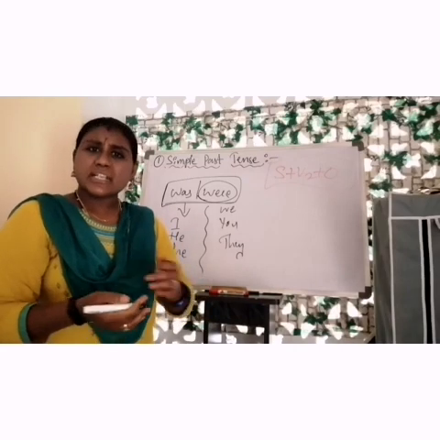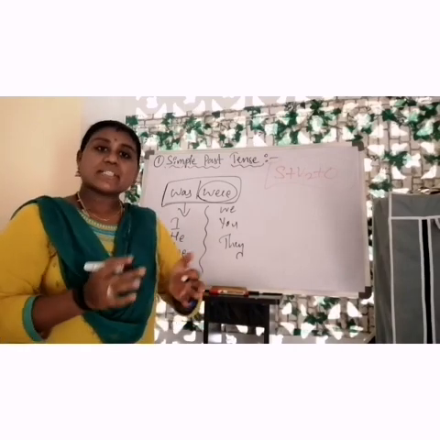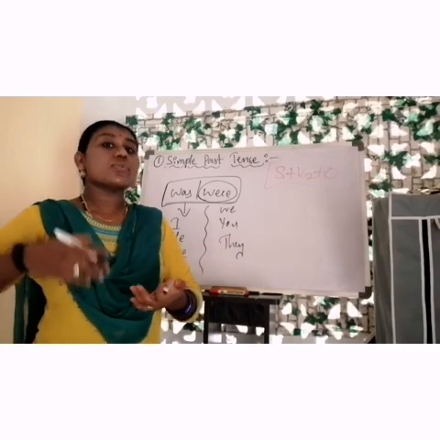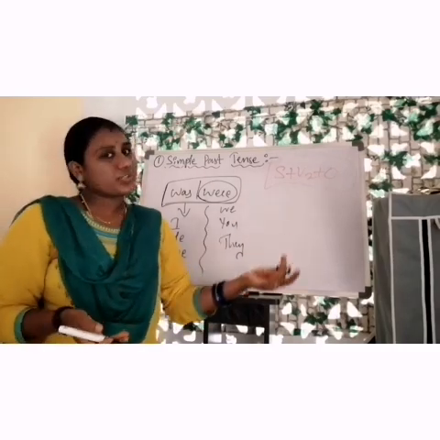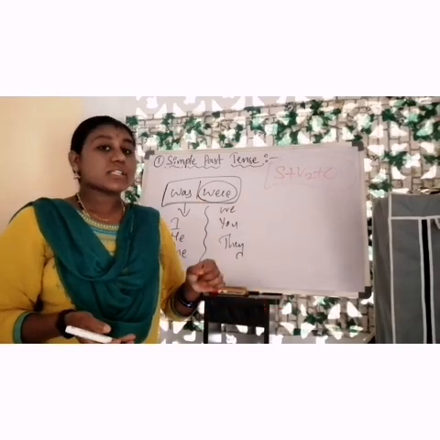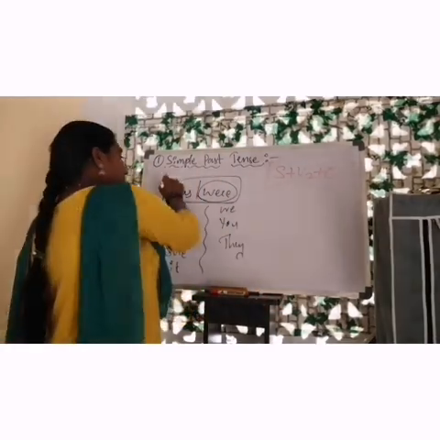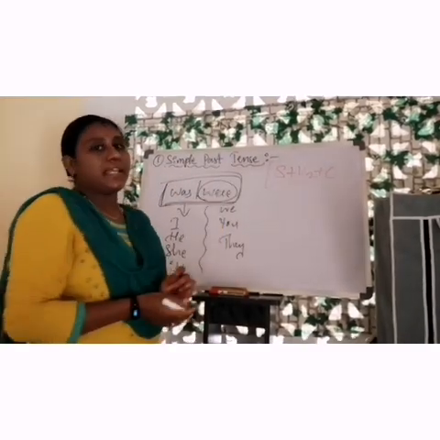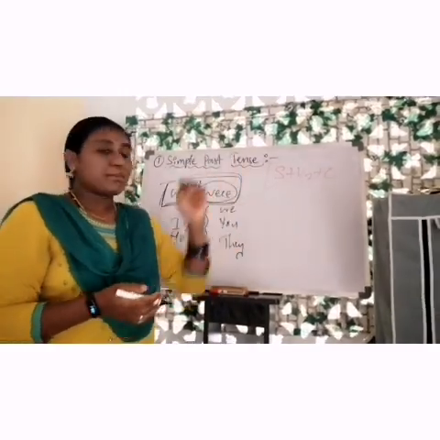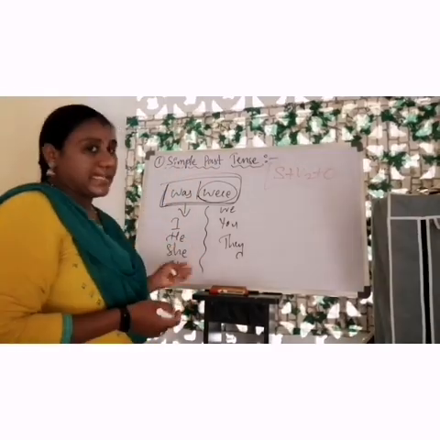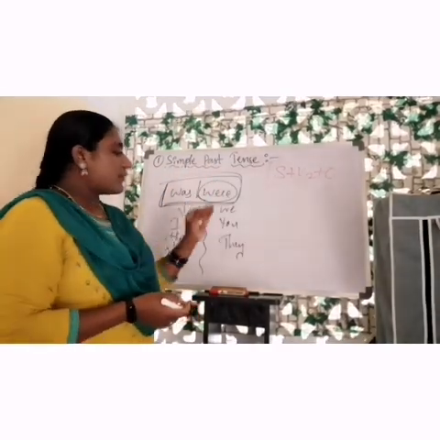She was a teacher means, but at present she is doing something else, not teaching. So she was a teacher. Such kinds of confirmative statements can also be formed with the helping verbs was and were in simple past. And we use was for I, he, she, it, and we use were for we, you, they.